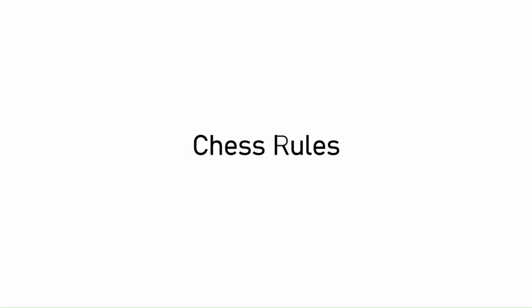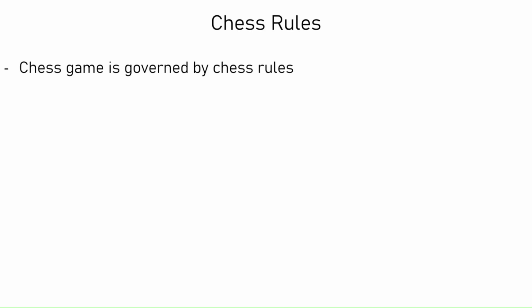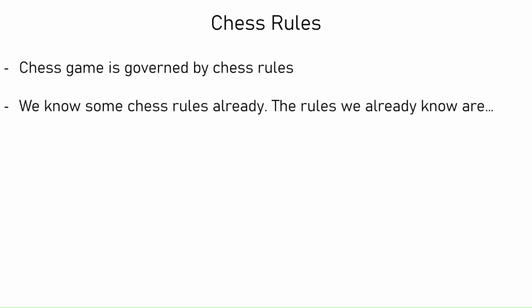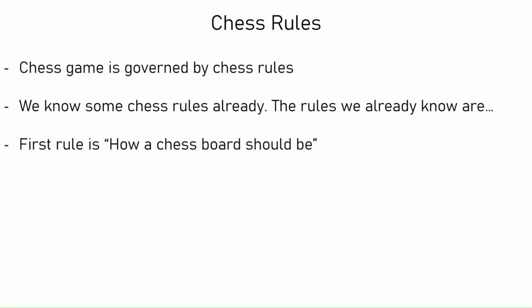Rules are very important in any game. And in chess, it is even more important to understand the rules. Every aspect of a chess game is governed by rules. Things we learned about chess has also taught us some chess rules. Let us see chess rules we already know. The first rule is about how a chessboard should be like.